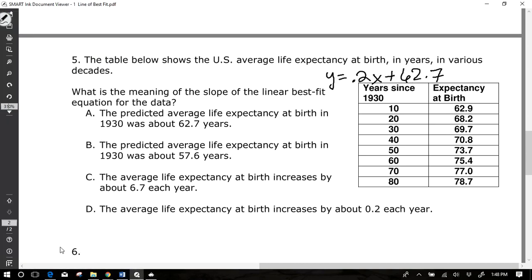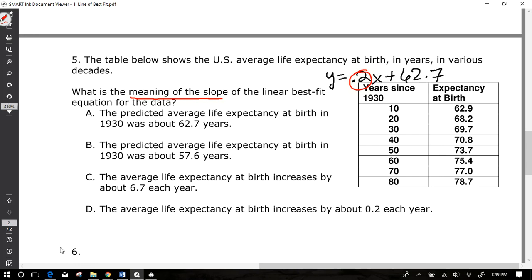So what is the meaning of the slope? Well, my slope is 0.2. So think about what that means for just a minute. The predicted average life expectancy at birth in 1930 was about 62.7.